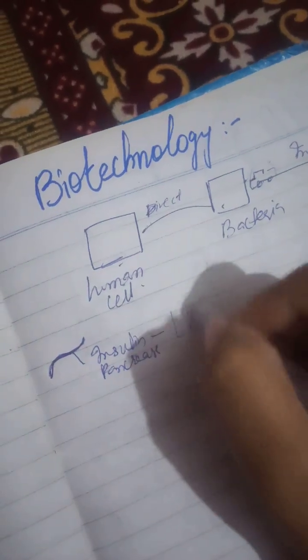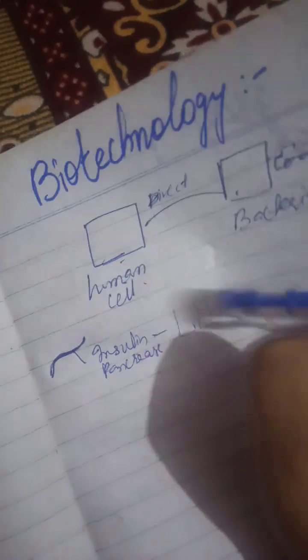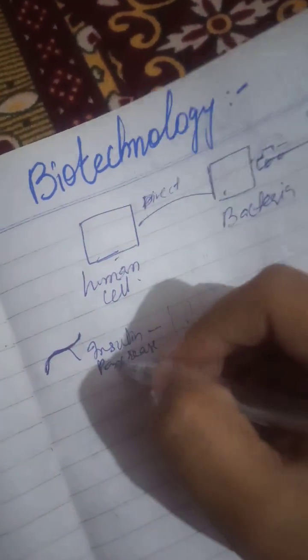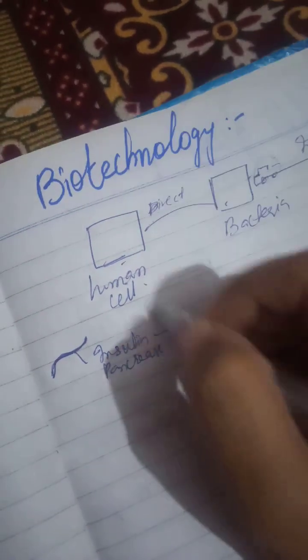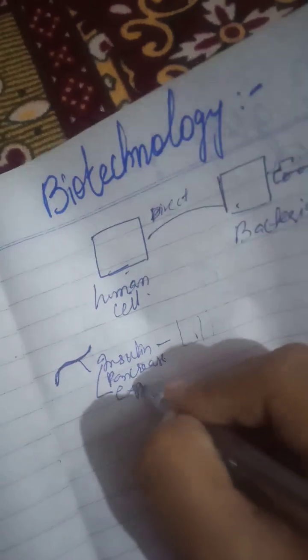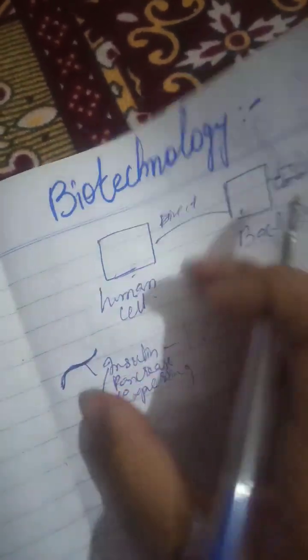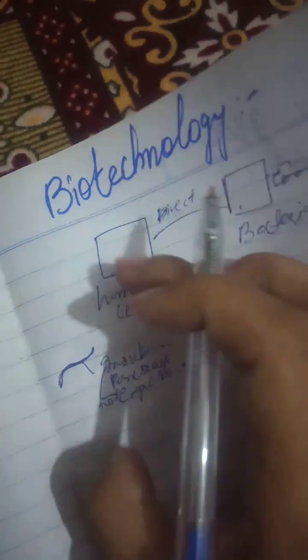Insulin is present in our whole body, but it is not expressed everywhere, it only expresses in the pancreas.